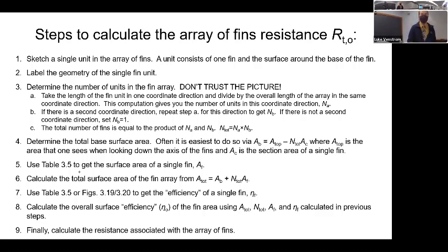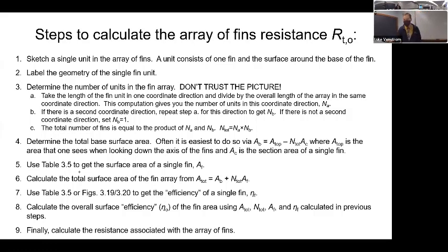If you follow these 9 steps, you're going to get the fin resistance calculated correctly. It's a lot of work to calculate the fin resistance. It looks simple, 1 over eta O, h, A total, but there's a hell of a lot of work that goes into calculating the overall surface efficiency and the total area of the array of fins. Okay? So follow these 9 steps.